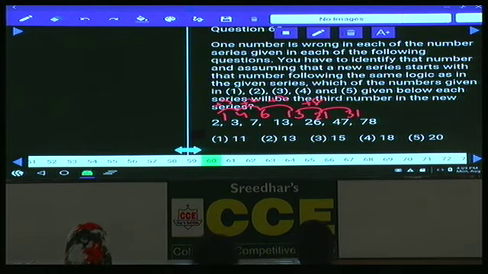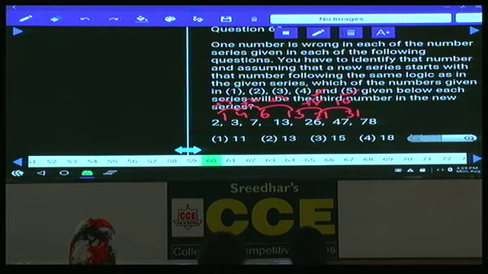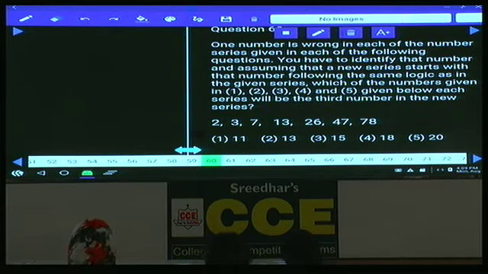Yes, tell me what is the wrong number we have? The wrong number is... Now here the difference is 8, and here the difference is 10. 8 and 10 are the numbers we have. 8 and 10 means they must be differences of even numbers. Now let us check the differences between these numbers.